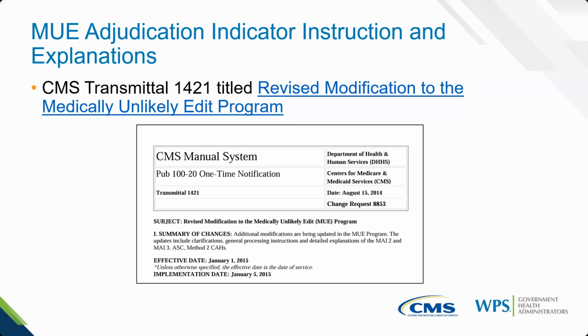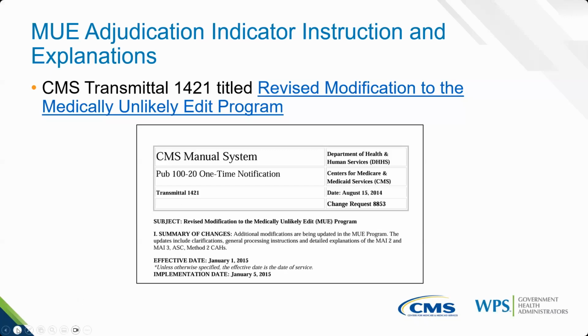This particular MLN article contains current and updated background information for modifications, and the updates include some clarifications, general processing instructions, and detailed explanations of MUE requirements and specifications. If you are not aware of this transmittal or this Medicare Learning Network Matters article, CMS recommends making sure that your billing staffs are aware of this information.